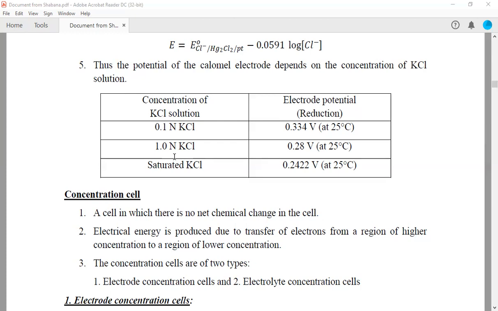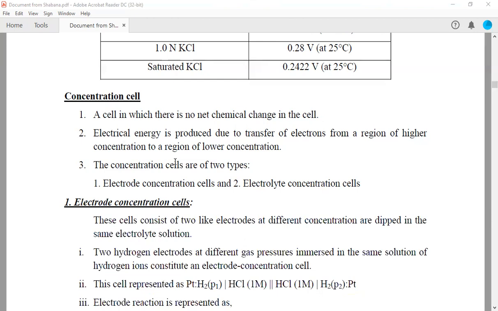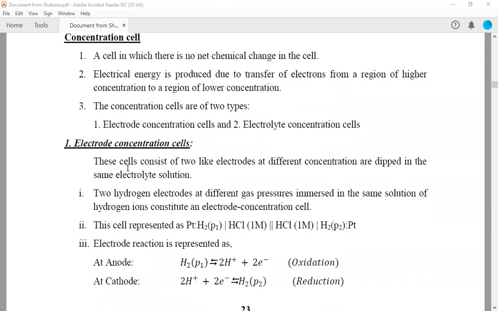So coming to the first one, the electrode concentration cell, this cell consists of 2 electrodes at different concentrations dipped in the same electrolyte solution. In this, whatever the electrode is, we have to take the same electrolyte, but the concentration is different.